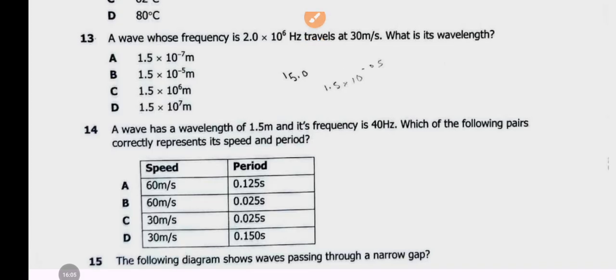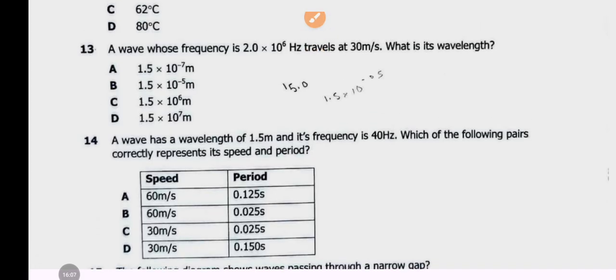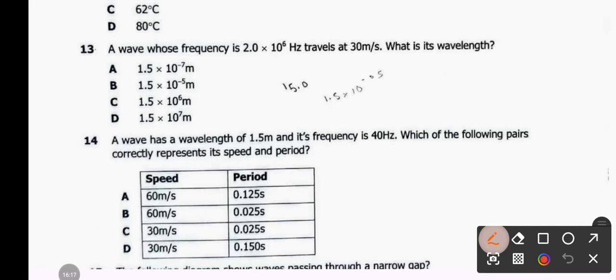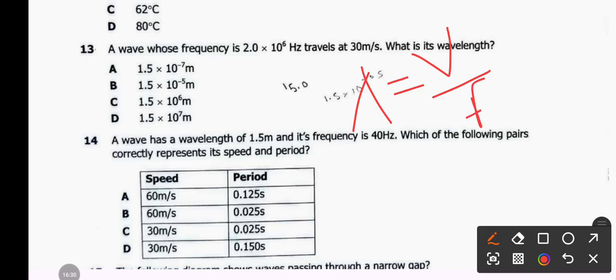Question 13. A wave whose frequency is 2 times 10 to the power 6 Hz travels at 30 meters per second. What is its wavelength? Right. In answering this question, let us make mention of the wave equation, which states that wavelength, denoted by the symbol lambda, is equal to speed over frequency.